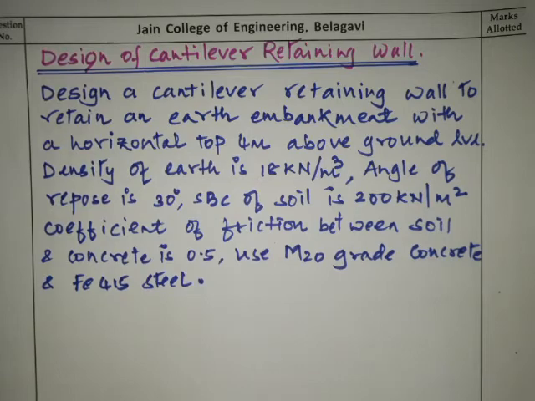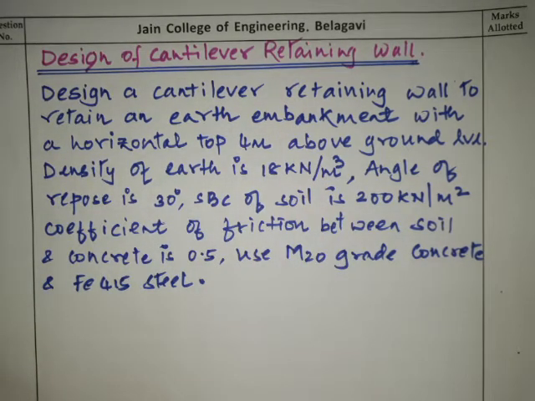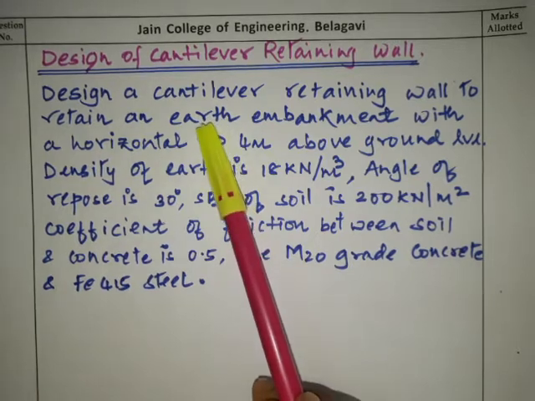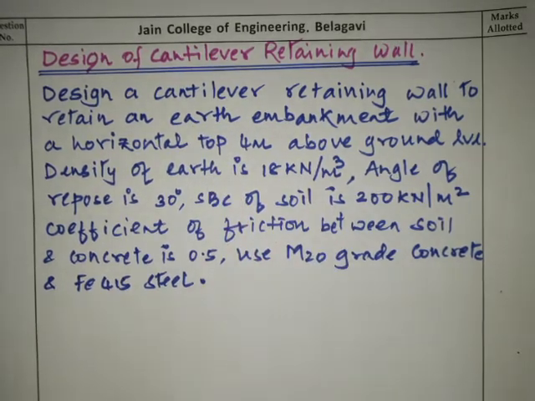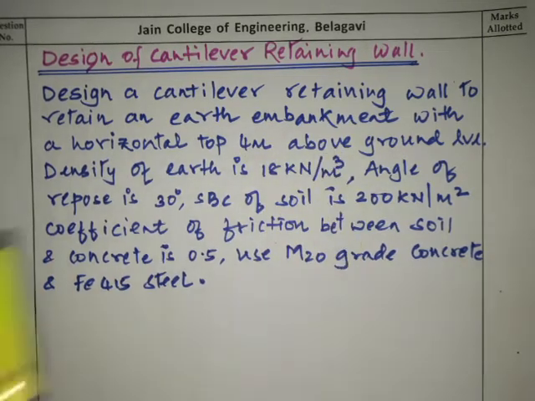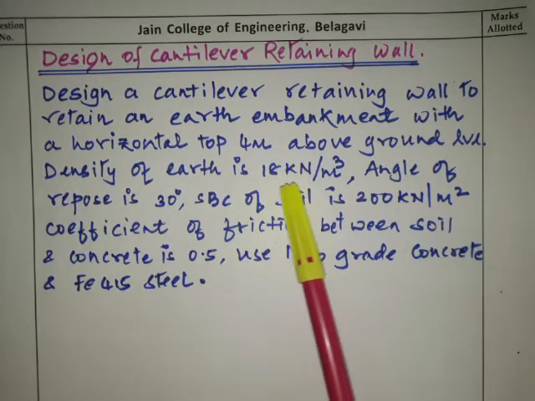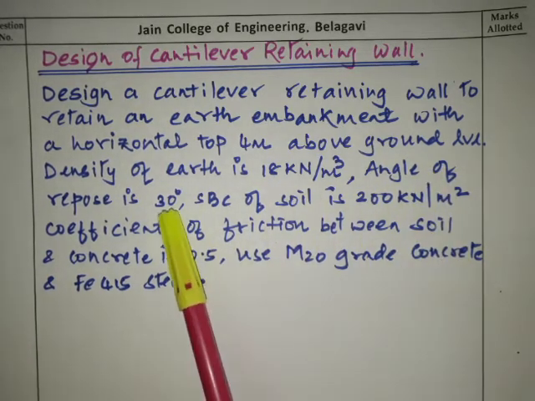Okay, so here we have to design a cantilever retaining wall to retain the earth embankment, and the height of the embankment is 4 meter above the ground level, and the density of earth is 18 kN per meter cube. The angle of repose of soil is 30 degree.